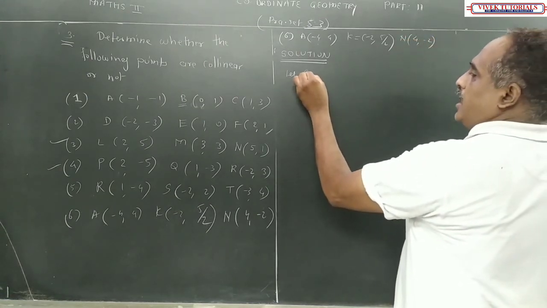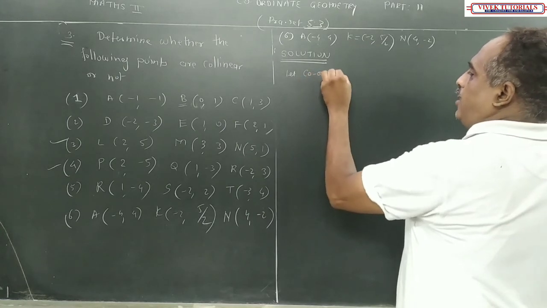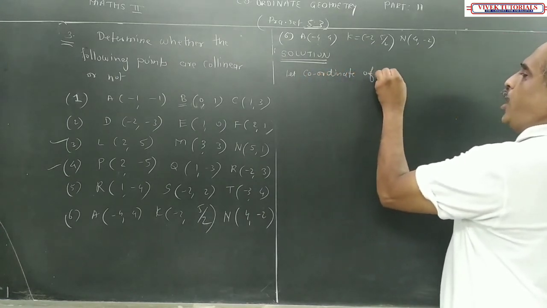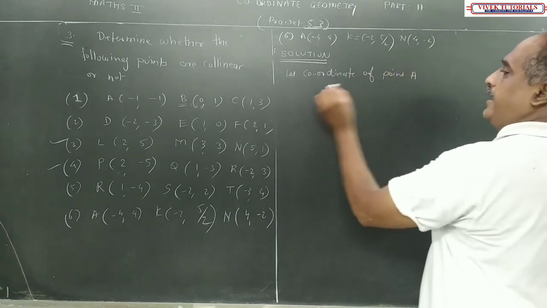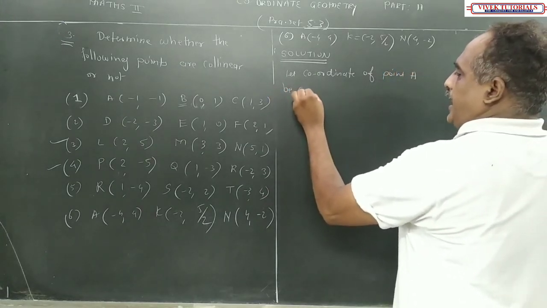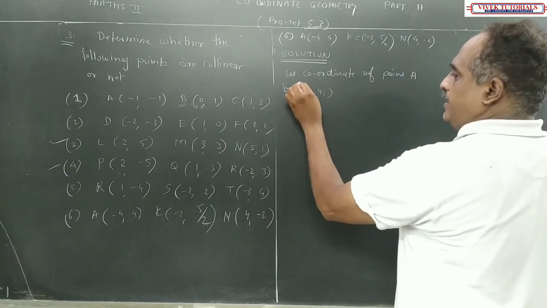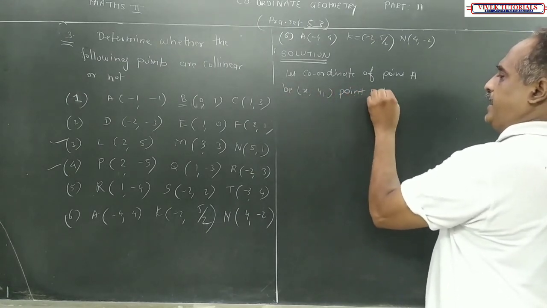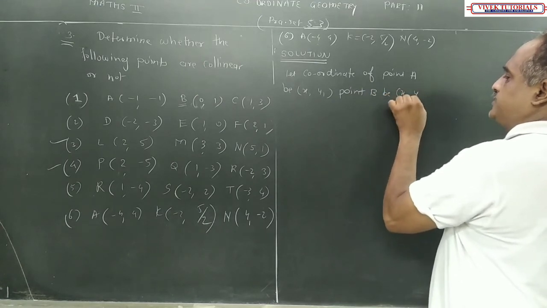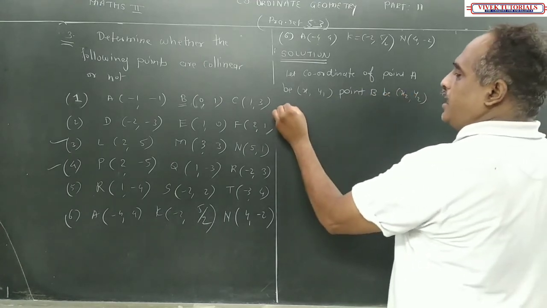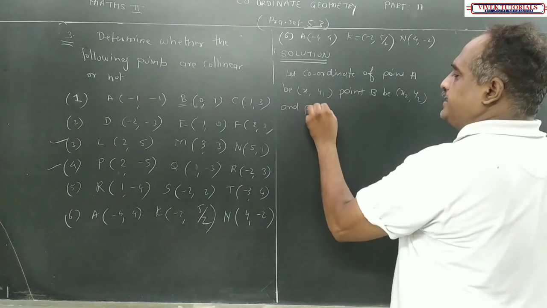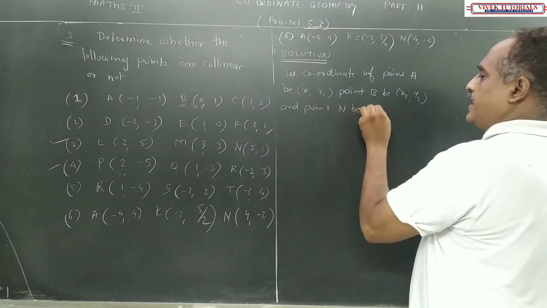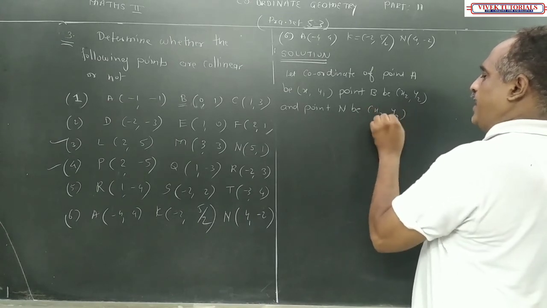Let the coordinates of point A be (x1, y1), point B be (x2, y2), and point N be (x3, y3).